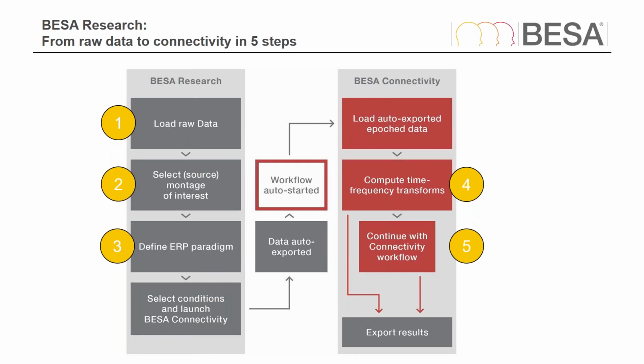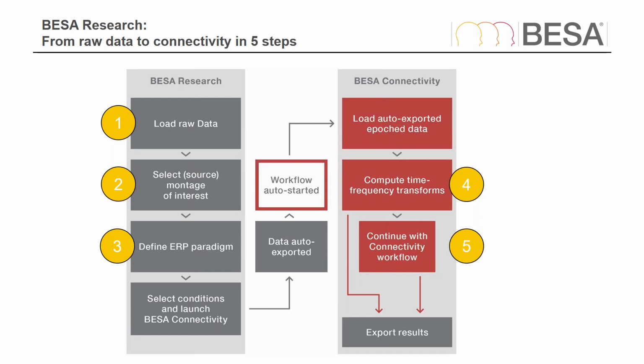To do this, we need to follow 5 steps. The first one is, in BESA Research, we load the raw data. We select a montage or source montage of interest. That's step number 2. Then we need to define the trials that we want to work with, and this is done via the ERP or ERF paradigm.